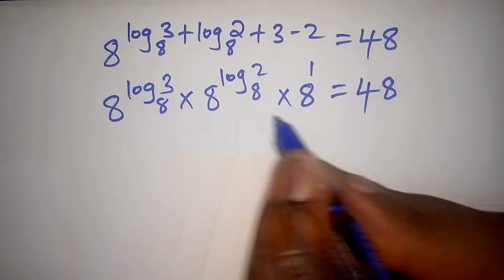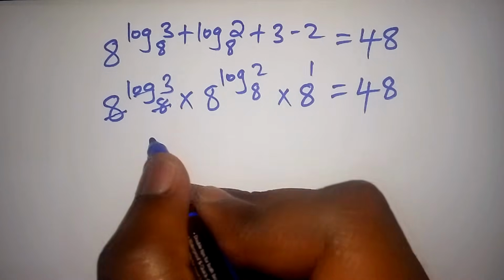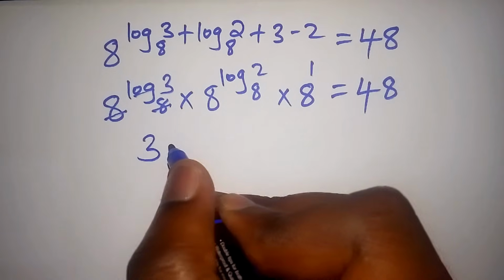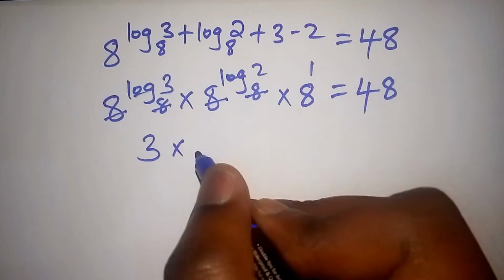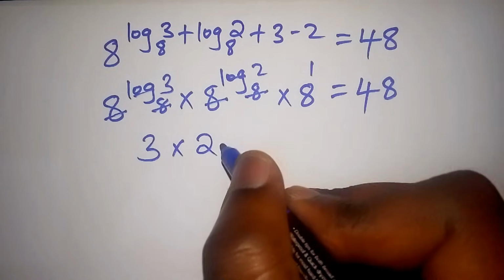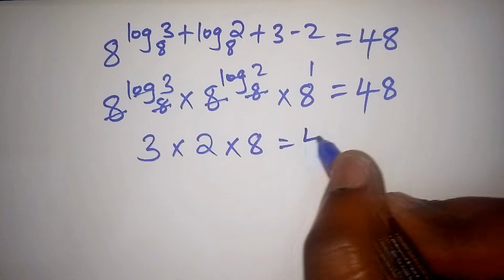So now let us cancel it out. The log to the base of 8 shall cancel this 8, so we have 3, multiplied by 2, multiplied by 8 to the power of 1, which remains 8, equals 48.